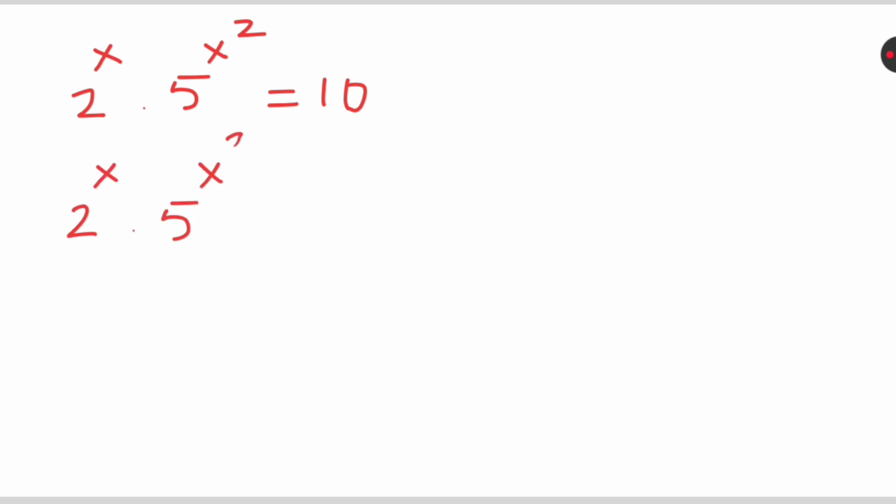What we have: 2 raised to power of x times 5 raised to power of x power 2, that is equal to 10. So let's take only the left hand side part, 2 raised to power of x times 5 raised to power of x power 2. First we are taking the first solution, that is x as 1. That means 2 raised to power of 1 times 5 raised to power of 1 power 2, which is 1 only.